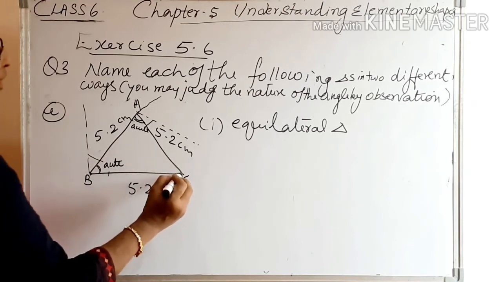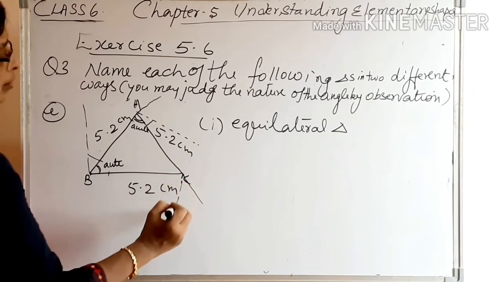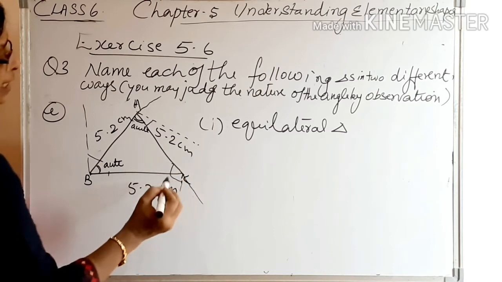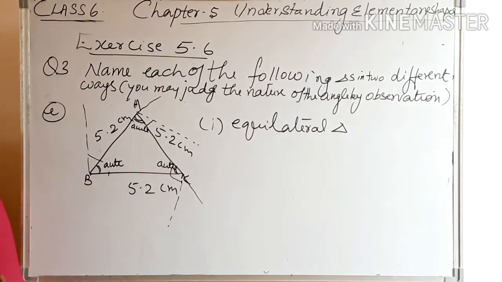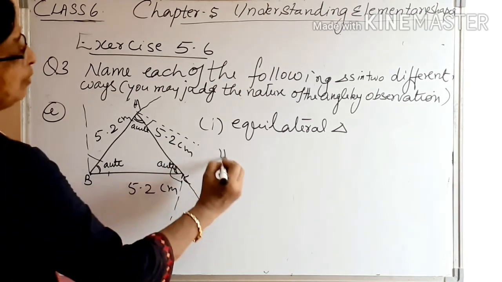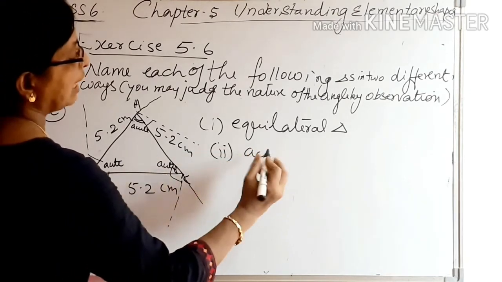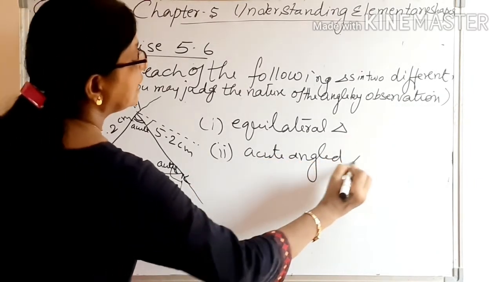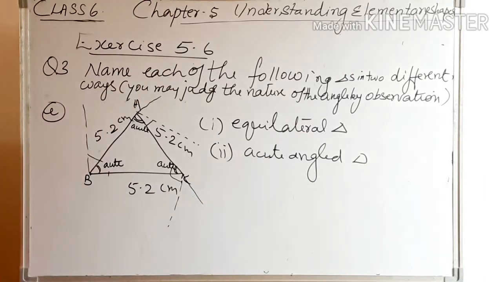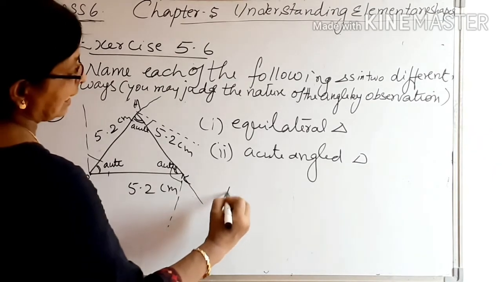From C, I am drawing a perpendicular. This angle is 90 degree. That means this is less than 90, acute angle. Therefore, we can say that this is an acute angled triangle.